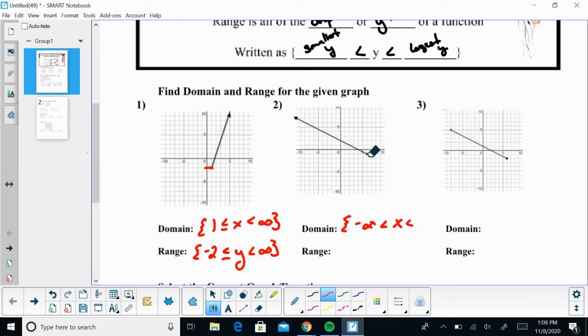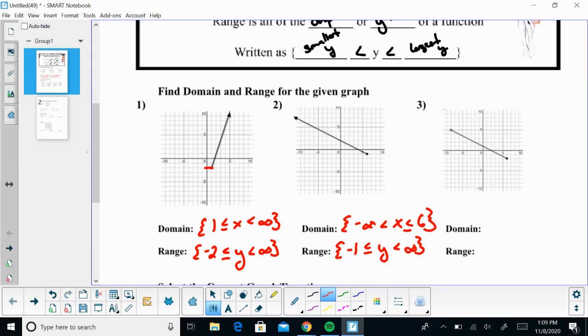I've got a point here, so the largest x value is 6. While my range, the smallest y value, is -1. While the largest y value is infinity.